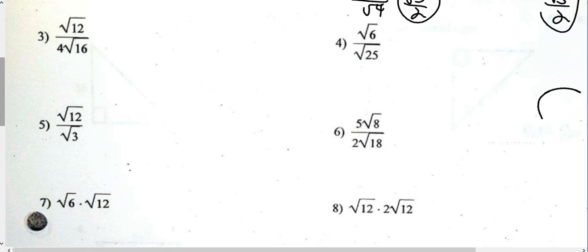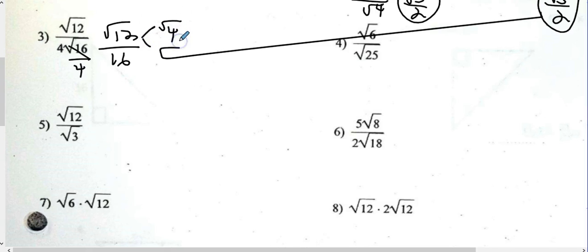Okay? So in this one, I'm just going to do the shortcut. Well, actually, no, I'm not. If you recognize that the square root of 16 is simply just 4, what we really have is the square root of 12 over 16. And then we break this down to radical 4 times radical 3.